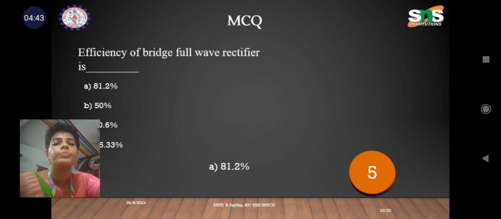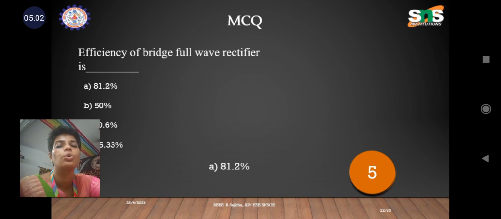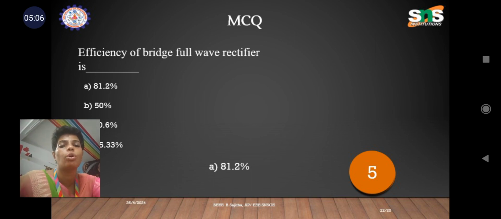What is the percentage? The efficiency of a full wave bridge rectifier is 81.2%, which is the highest of all the rectifiers.